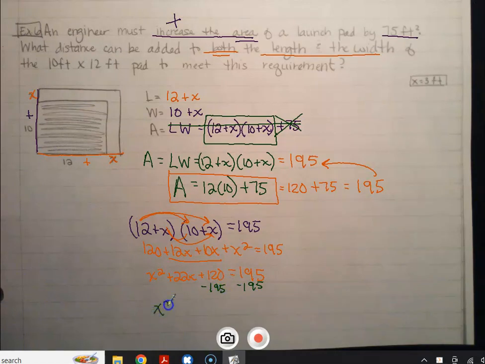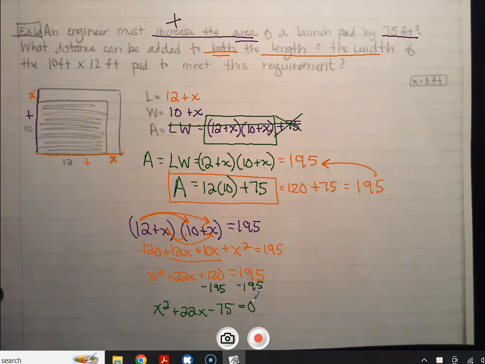So now we've got x squared plus 22x, 120 minus 195 is going to give us a negative 75 equals 0.